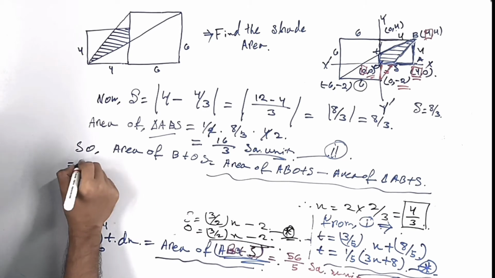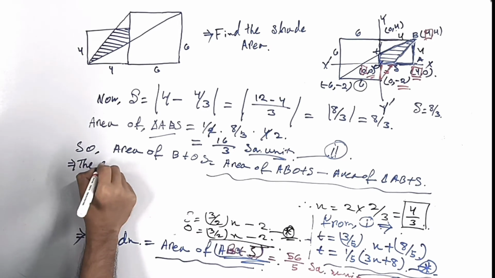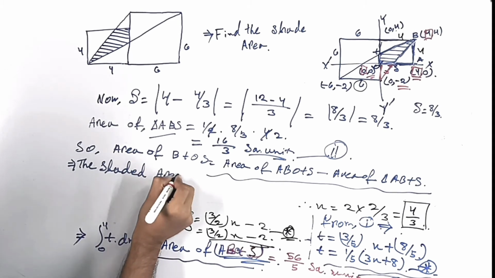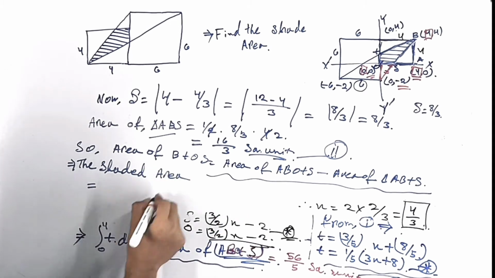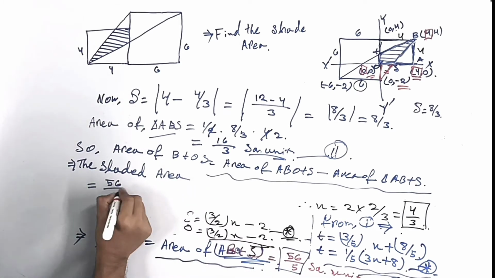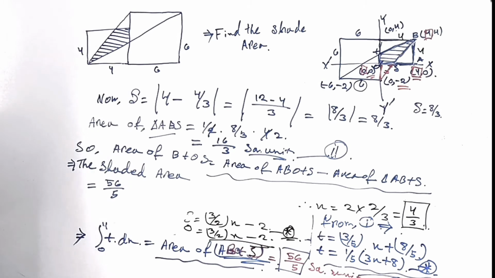And that's equals the shaded area, we write down that the 56 by 5, that's it.